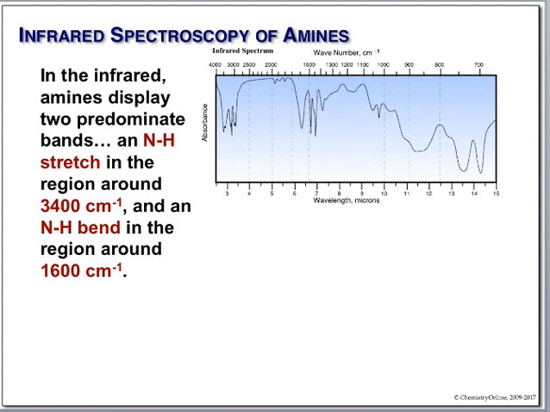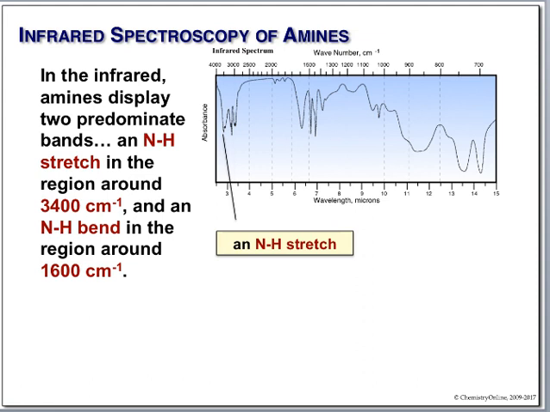Down here in the 3400 region, we get a very nice NH stretch. Once again, this is hydrogen bonded, so it's a little broadened. It's not nearly as broad as an alcohol, but it's a fairly broad peak. Again, this is the NH stretching.